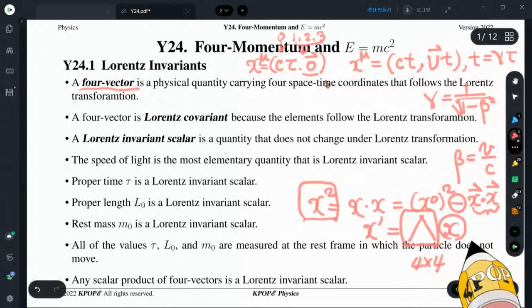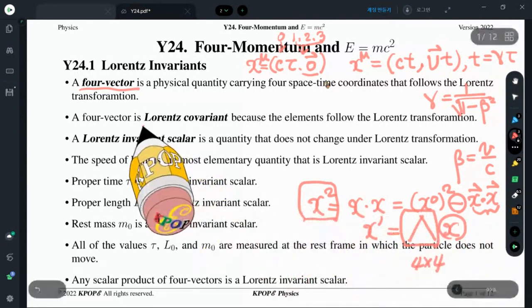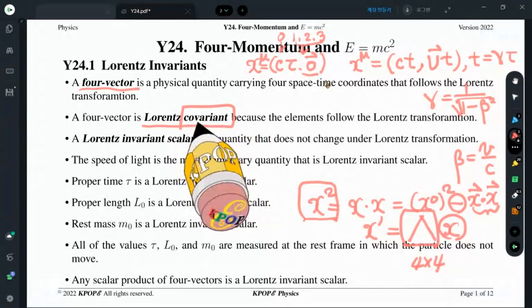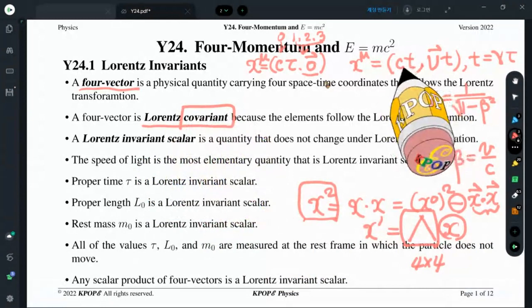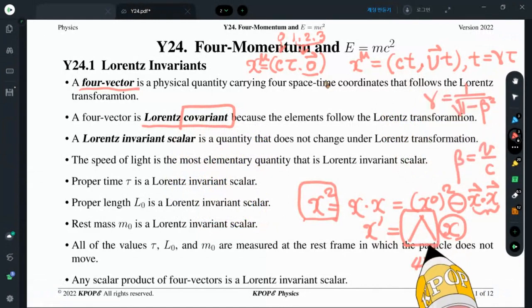This x or other four vectors satisfying this relation is called Lorentz covariant. Covariant means its components vary systematically, satisfying the Lorentz transformation.